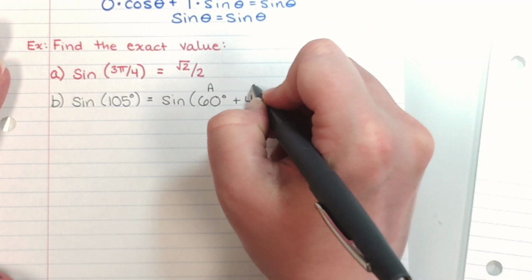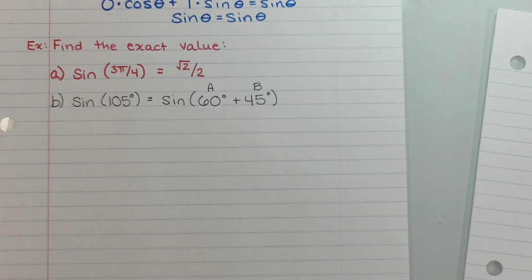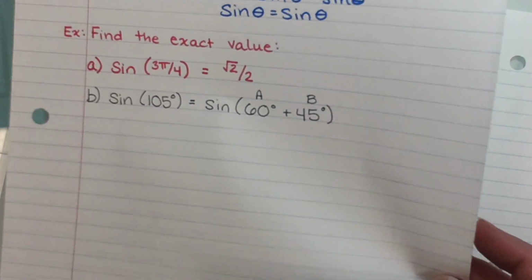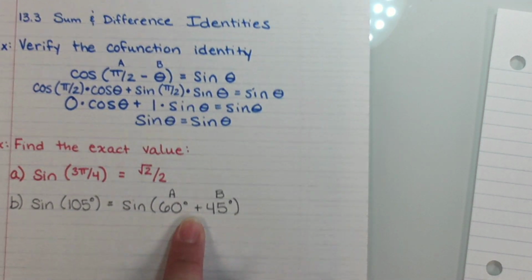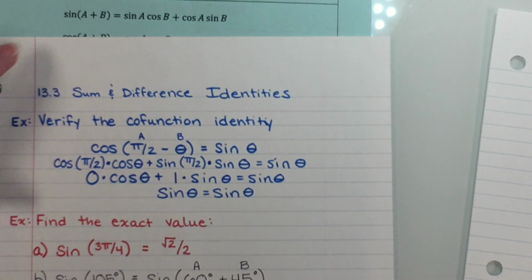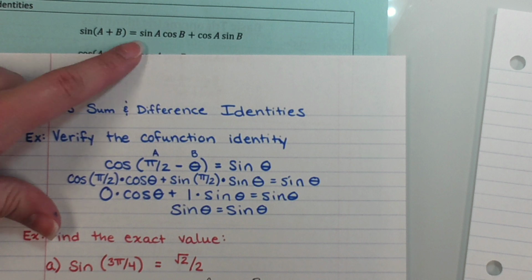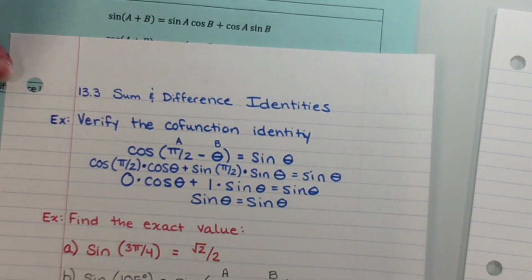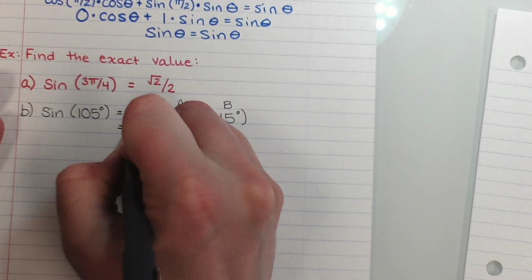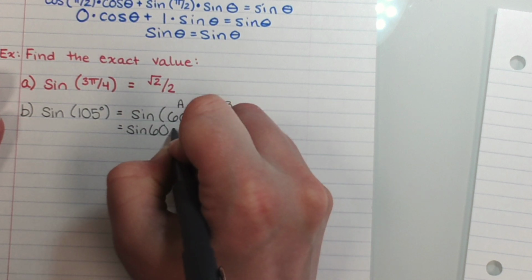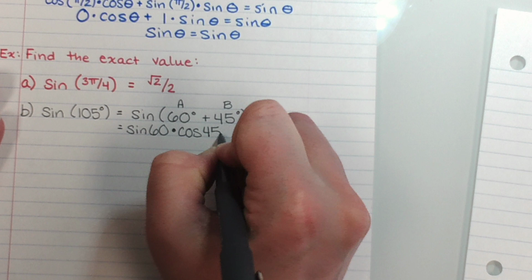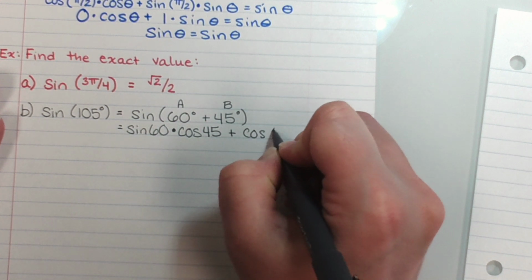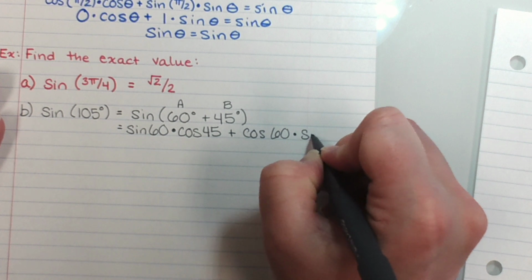The first angle's A, the second angle's B, because the identities go A plus or minus B. Since we chose something that added, we're going to use the sum identity, which says sine of A plus B is sine of A times cosine of B plus cosine of A times sine of B. So that means sine of 60 times cosine of 45 plus cosine of 60 times sine of 45.